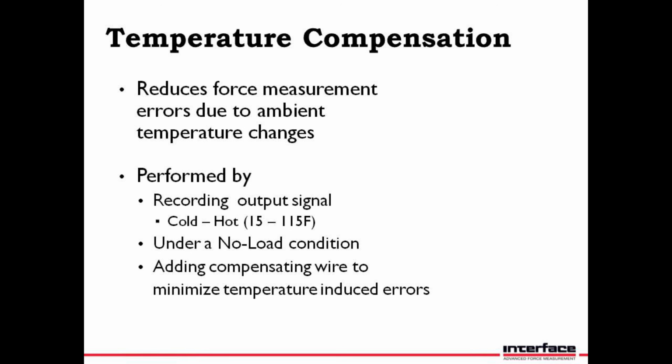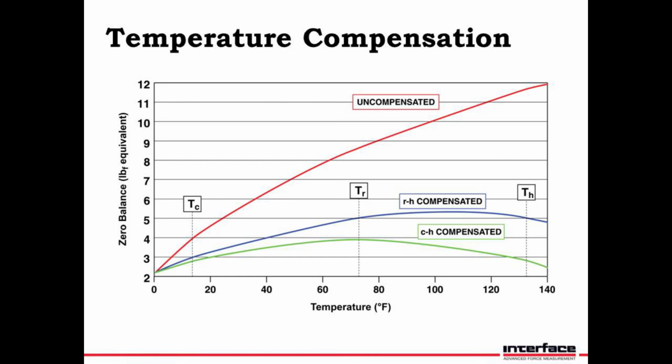We typically perform this test from 15 degrees all the way up to 150 degrees Fahrenheit. And as mentioned previously, the test is performed in a no load condition, with no load applied to the sensor. Once the test is performed, we determine how much compensating wire we need to add to the circuit in order to minimize the error.